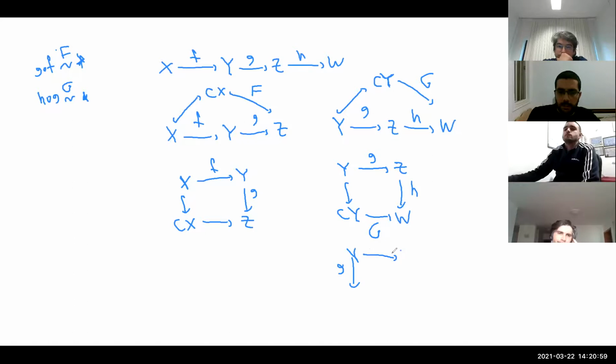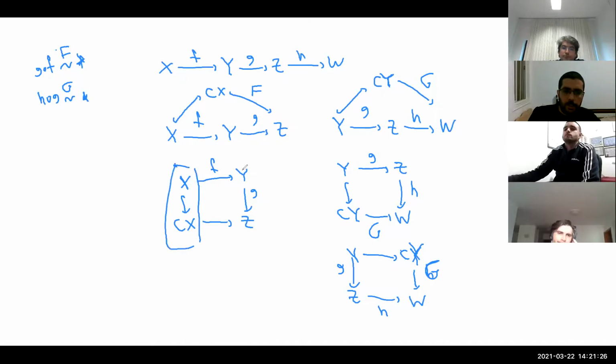What I did here: I want G to be here and here Y. Sorry, here is the H and here the G. It's the same square, with Y here, Z here, and W here. Why? Because now I can compose them. I can look at this as a map of maps, a map from here to here.